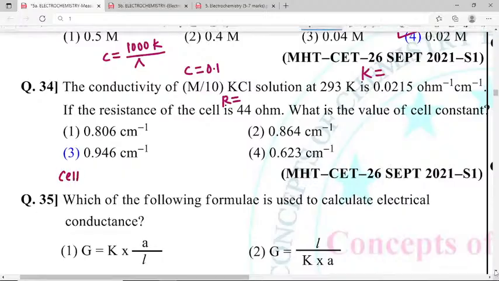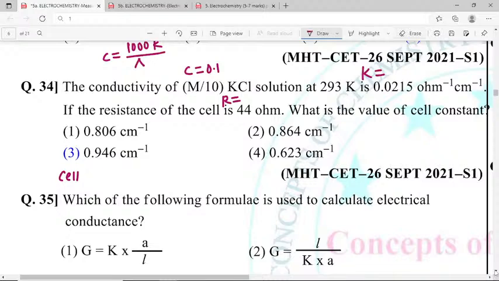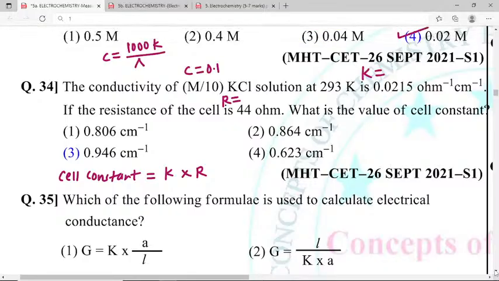Cell constant is equal to K into R, conductivity into resistance. If you multiply conductivity into resistance, we will get the cell constant. So put the value of K, 0.0215, and resistance is 44. 0.0215 multiplied by 44, we get the value 0.946.